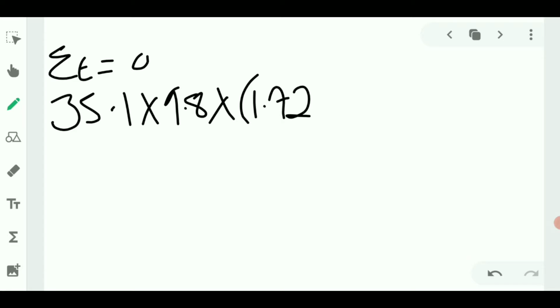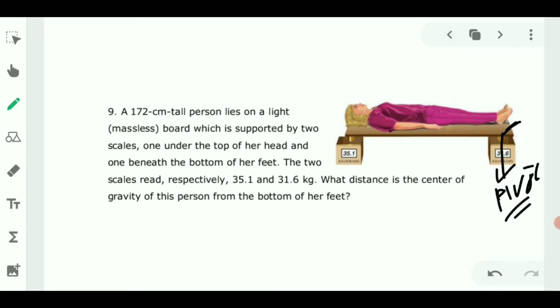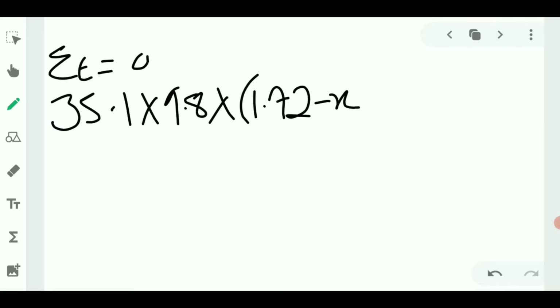Since this is measured from the bottom of the feet, and we want to find the distance x of the center of gravity from the bottom of the feet, we subtract x from 1.72.